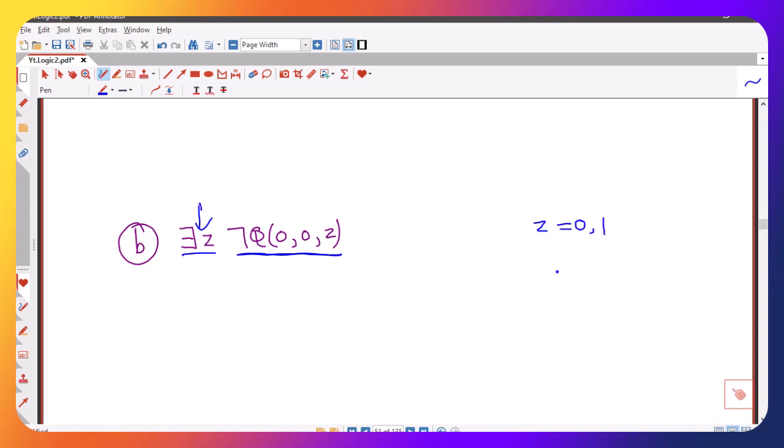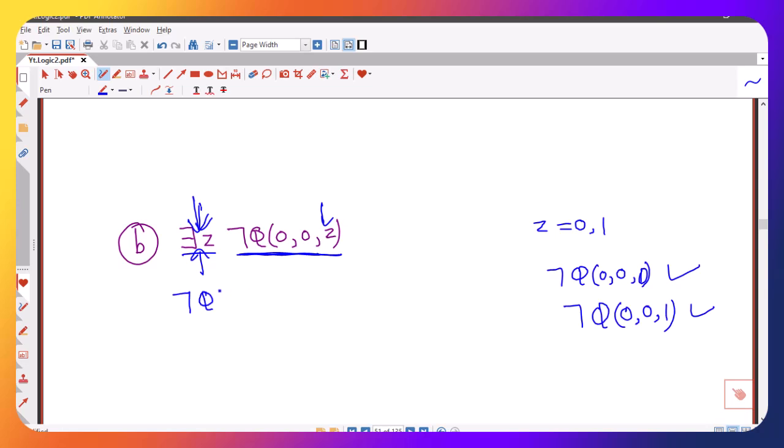So this is true either for z equal to 0, where we obtain 0, 0, 0, or for z equal to 1, where we have 0, 0, 1. Here we have this requirement for some z, or for at least one z. So if this is true or this is true, then this is correct. So here we will use the disjunction operator.